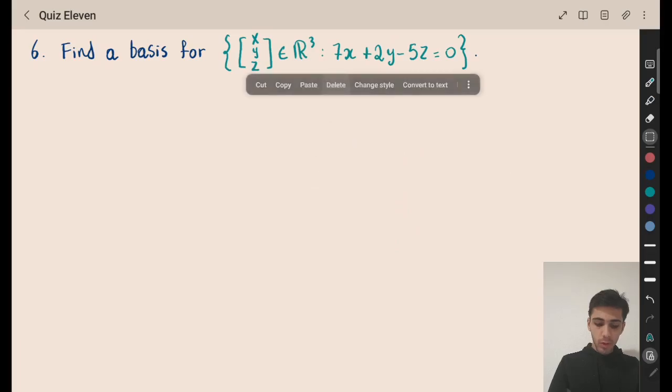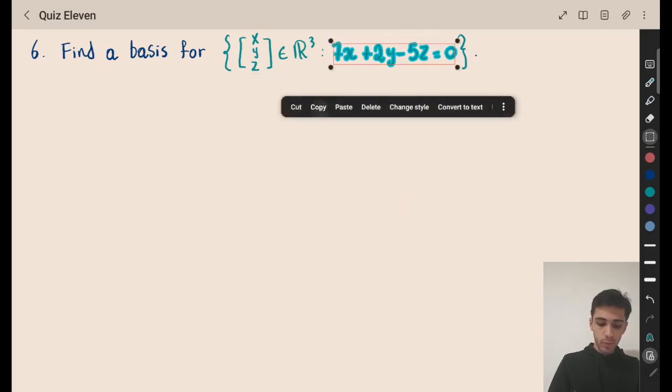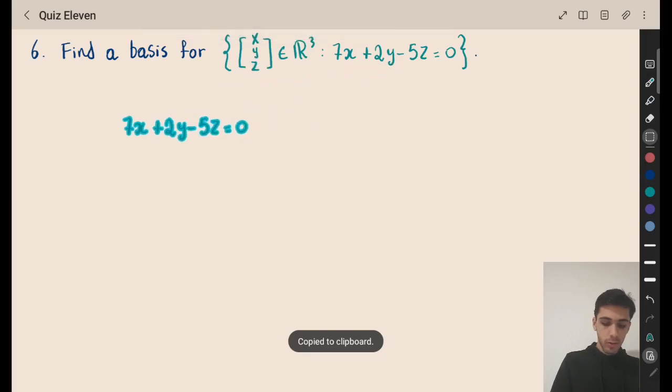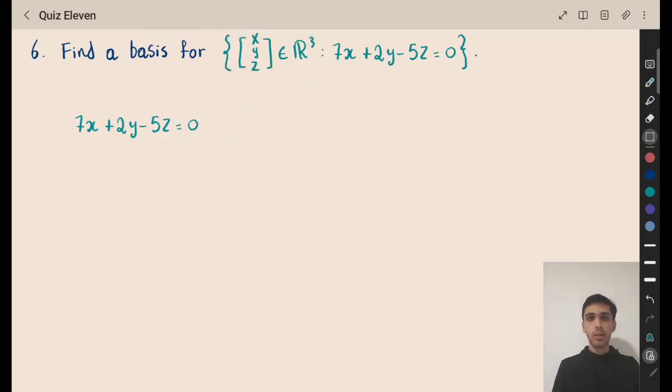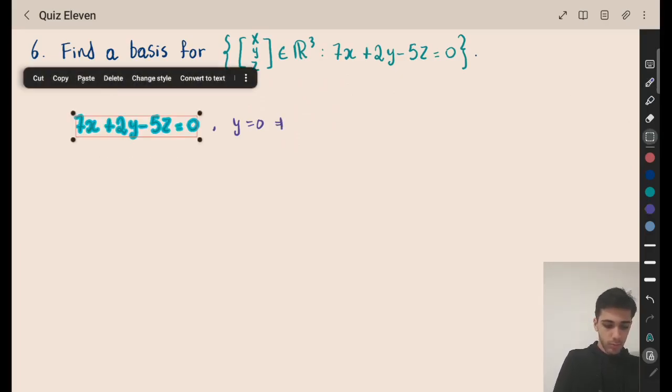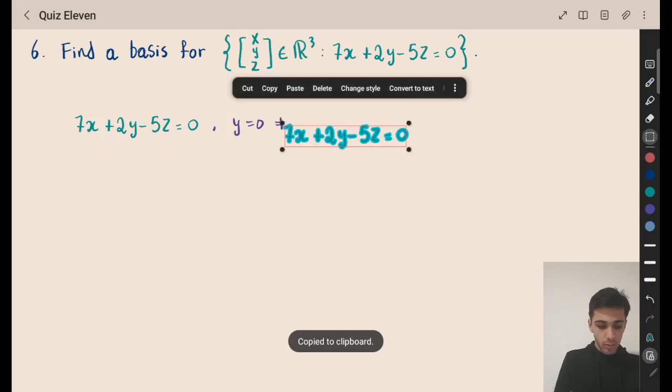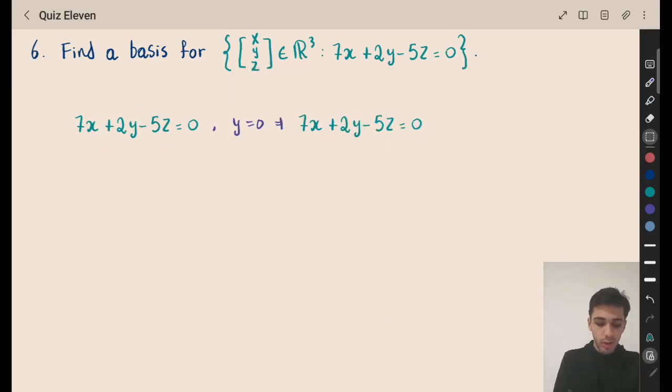Well, let's just choose any two vectors that satisfy this equation. This can be pretty easy, I would say. Let's say I take y to be equal to 0, because why not? Just an example. Just plug in y is equal to 0.